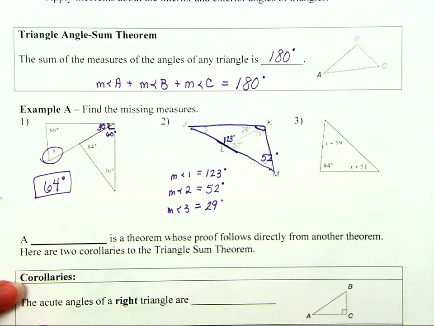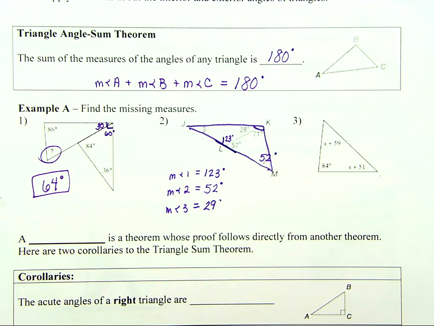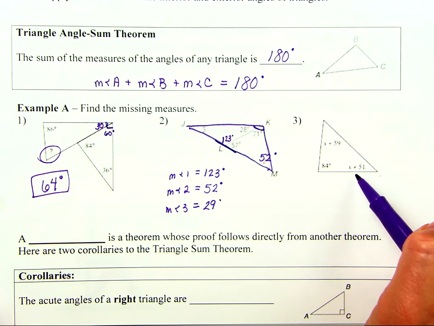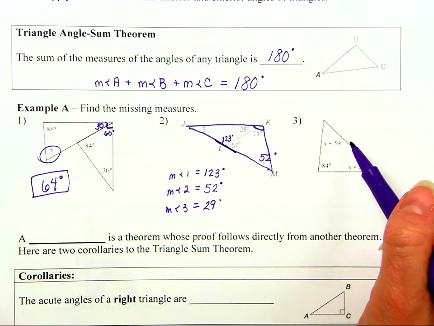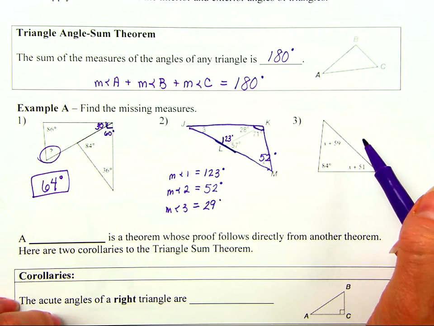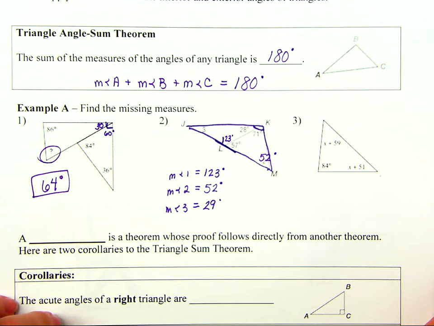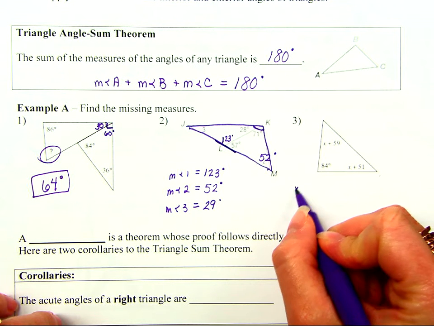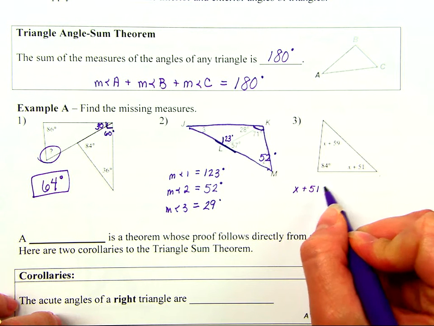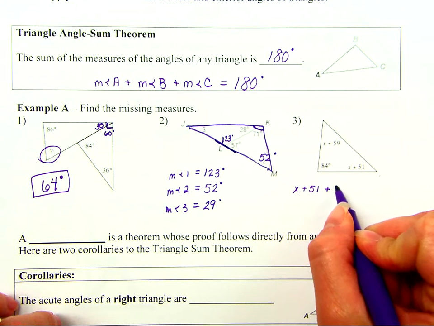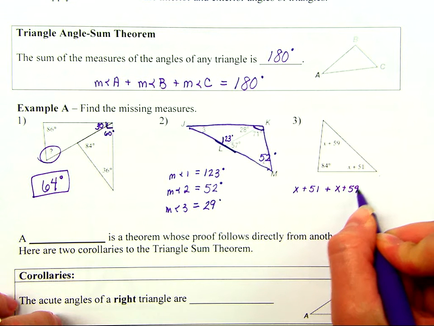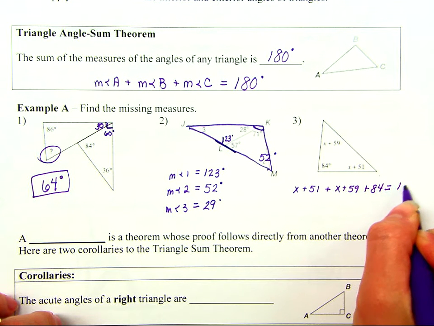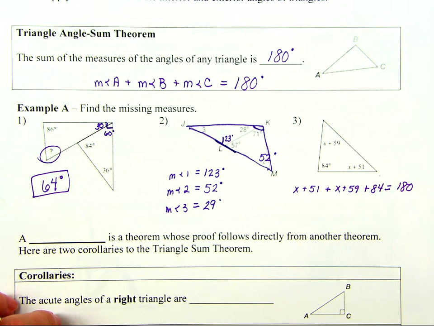As I look at question number 3, they have one angle as 84, one angle as x plus 51, and another as x plus 59. So this one we're actually going to have to set up a little bit of algebra. If I have my angles added together, x plus 51 plus x plus 59 plus 84, I know that my sum should be 180.